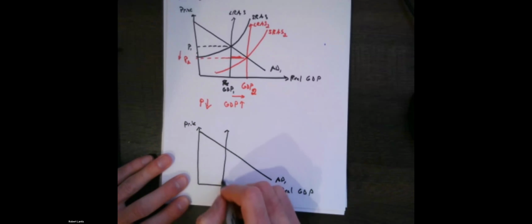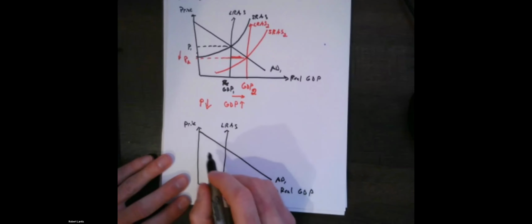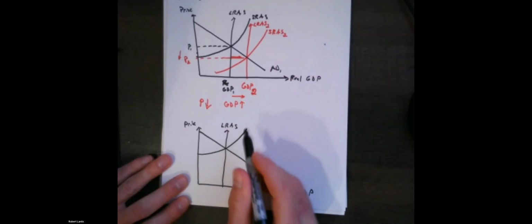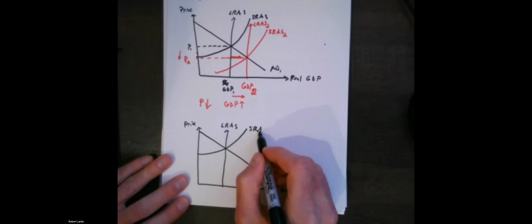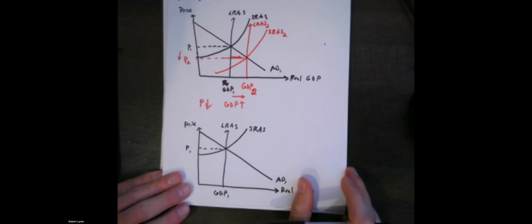I've got this long run aggregate supply curve. Here was my initial price, my initial GDP.